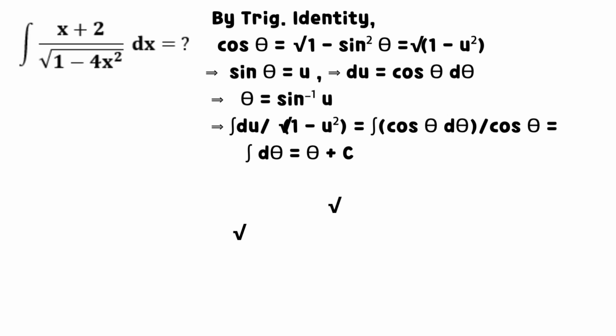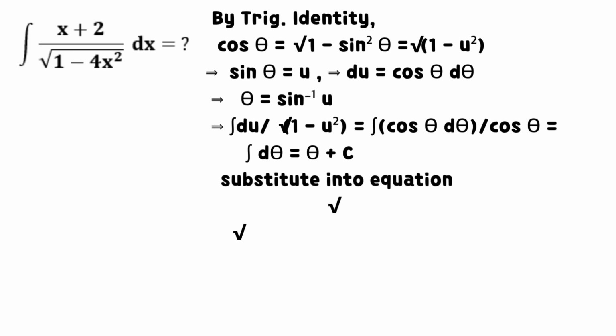Taking the sine inverse of the equation, we have that theta equals sine inverse of u. Therefore, the integral of du divided by the square root of 1 minus u² equals the integral of cosine theta d theta, all divided by cosine theta, which equals theta plus c, the constant term of the integration.